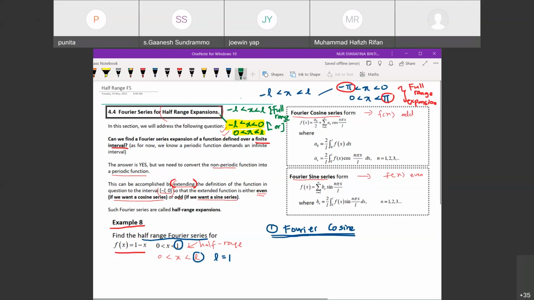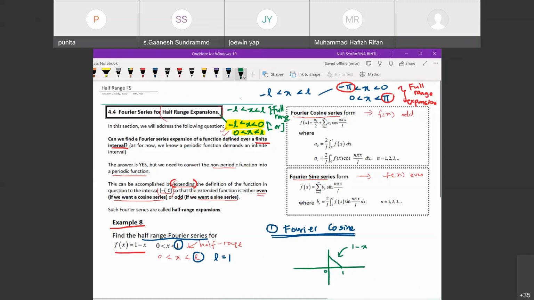So now let's plot the graph. f(x) equals 1 minus x from 0 to 1. So from 0 to 1, f(x) equals 1 minus x.